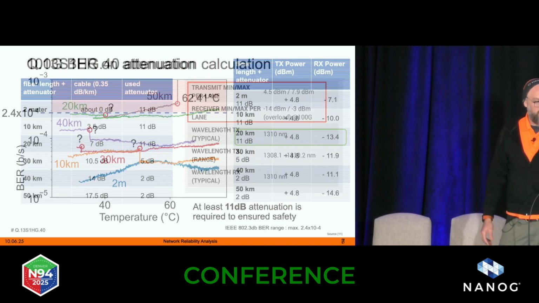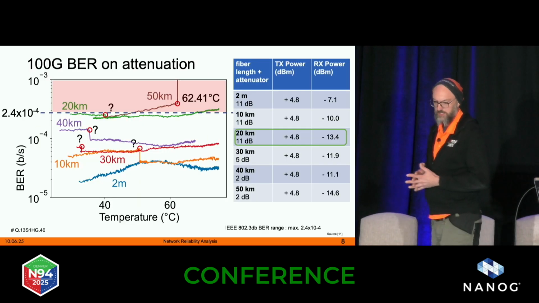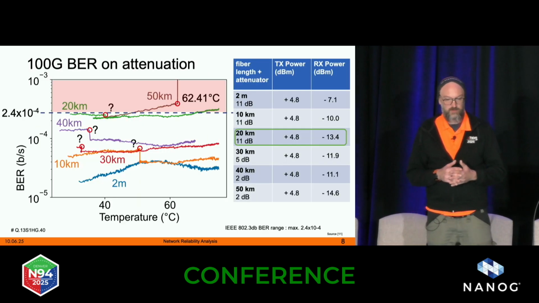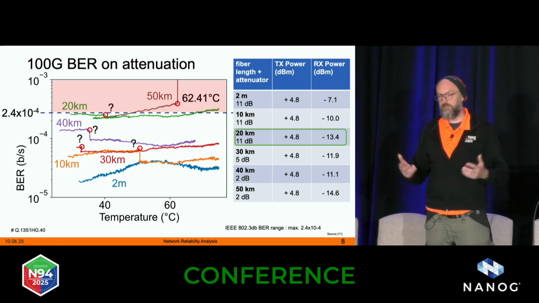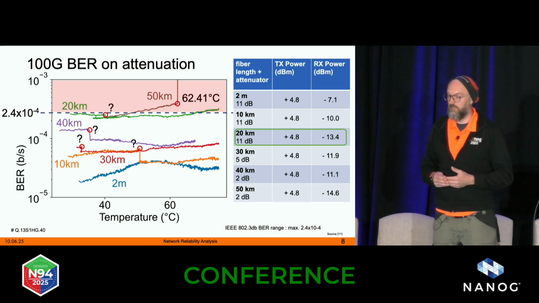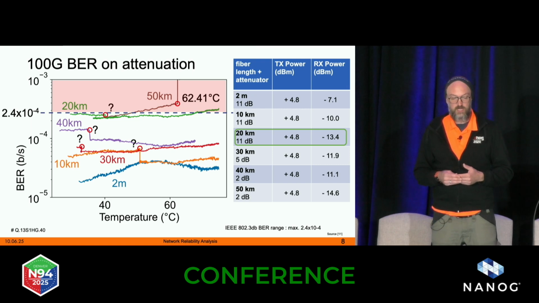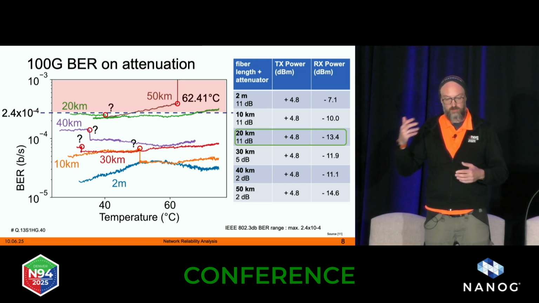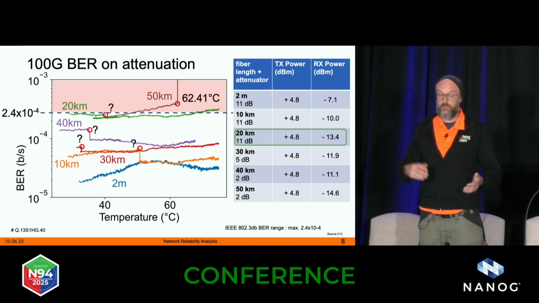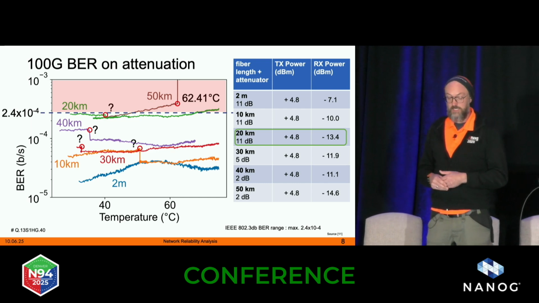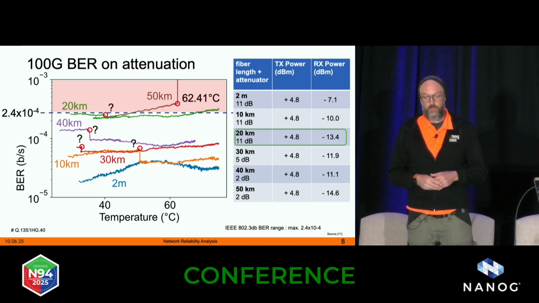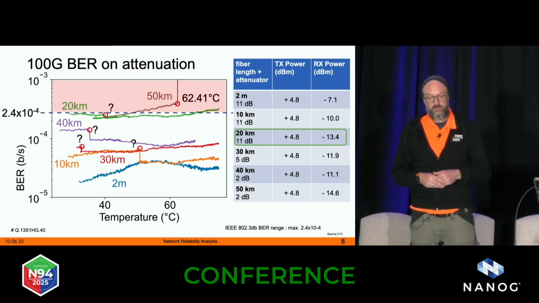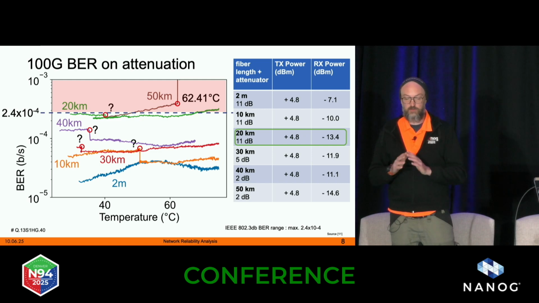Okay, so the results look like this basically. We were running the bit error rate test out of the DSP permanently on the transceiver, and then we measured on a frequent basis also the temperature where the transceiver is currently, and what bit error rate we have. And 2 meters, 10 kilometers, 30 kilometers, and even 40 kilometers, they look pretty nice.